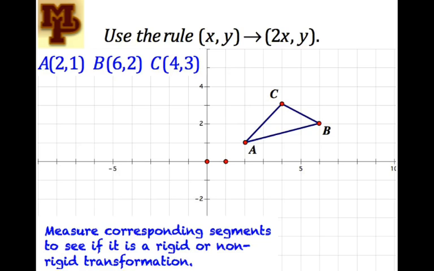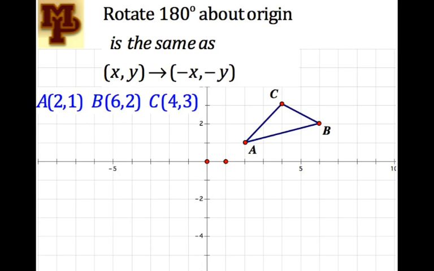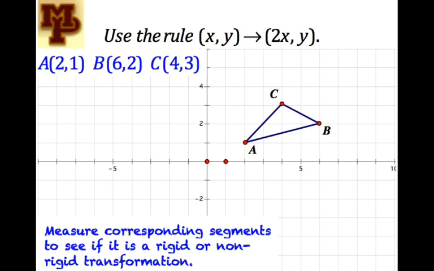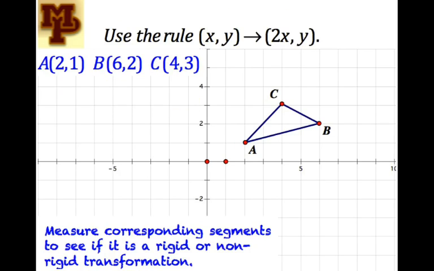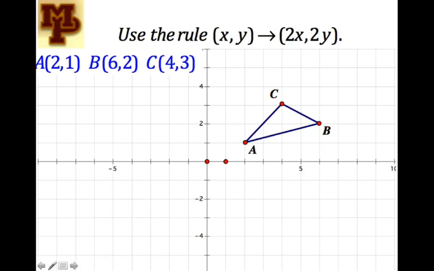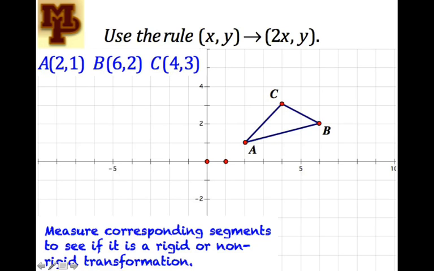Now, was that last example a rigid transformation, do you think? I forgot to ask that or show that. So at the bottom here, I was asking if it is a rigid transformation, and what you'd have to do is just measure.